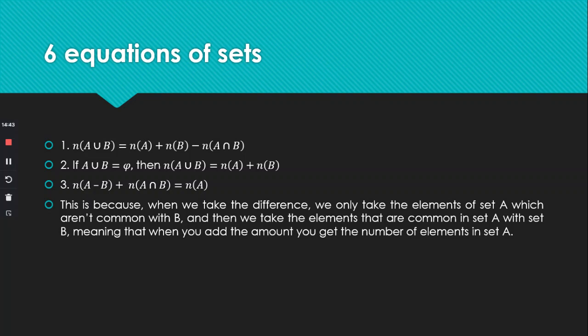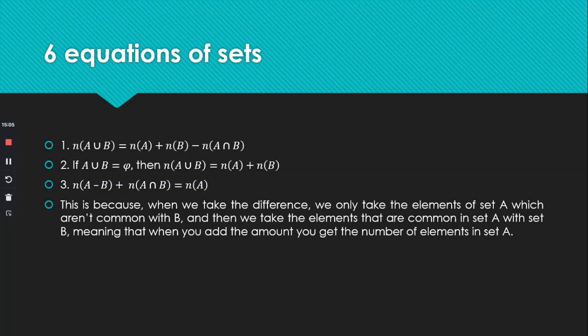It basically means the number of elements in A plus the number of elements in B minus the number of elements in A intersection B. It gets increasingly bigger with a pattern if you add in more sets, and I'll show you that later in the last equation, but that'll be for intersection here.